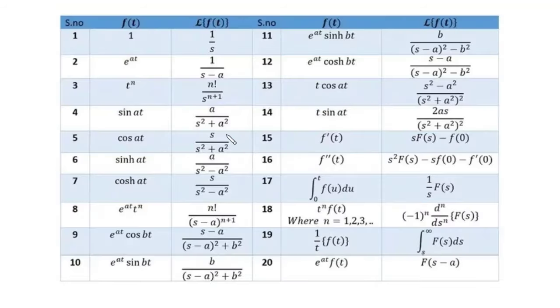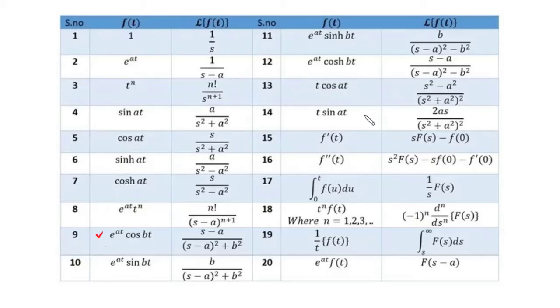So we come to the Laplace transforms table. We are looking out for s minus a on top. So we can have the function e to the power at cos bt, or we can as well have the function e to the power at sin bt. Any of these two forms could possibly be what we are looking out for.